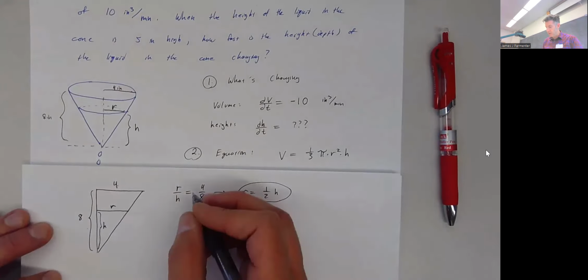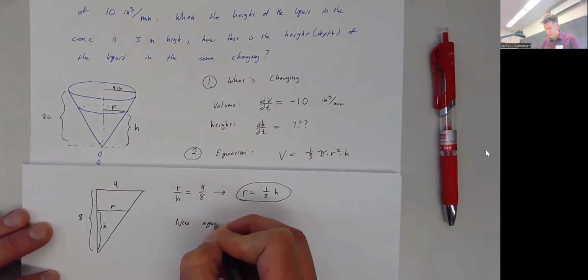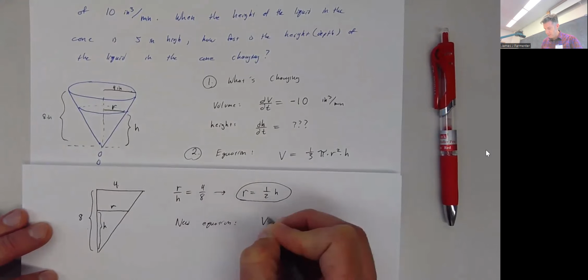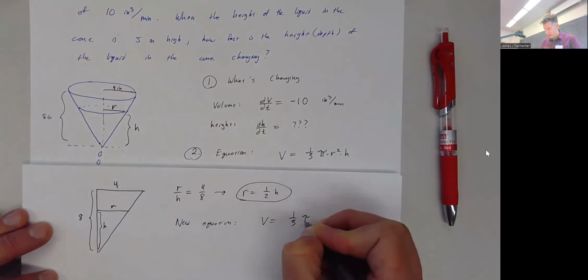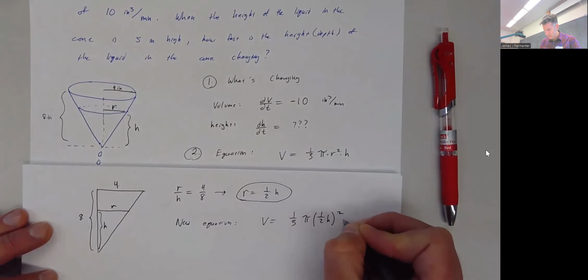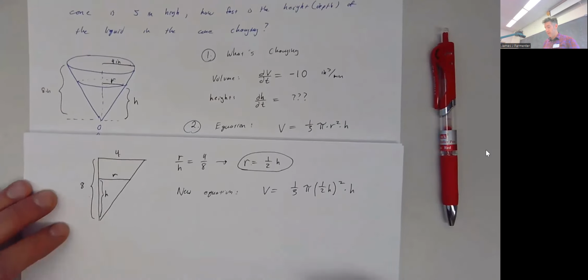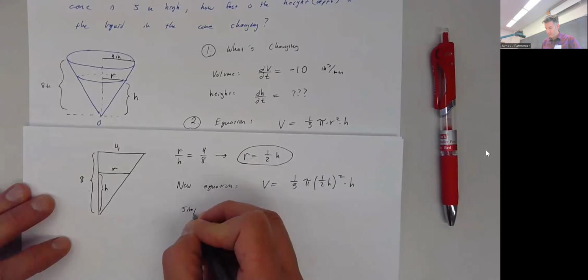So then back to our equation here, our new equation is now volume equal to 1/3 pi times the radius. We're going to plug in 1/2 the height for the radius squared times h. And before differentiating that, we should really simplify it. So let's simplify.